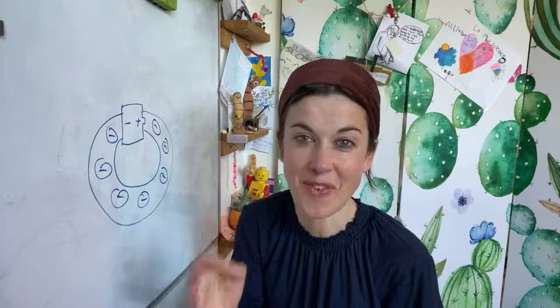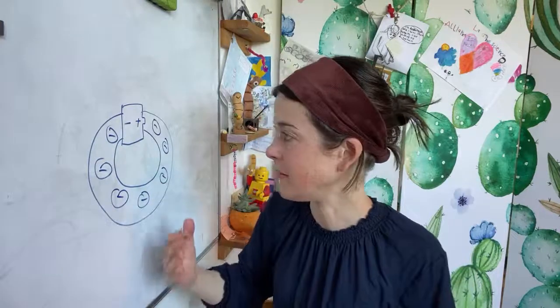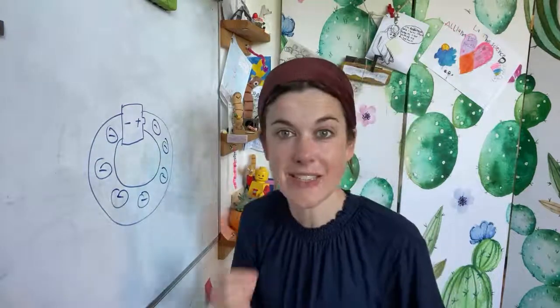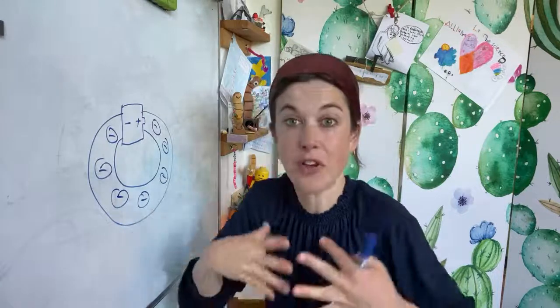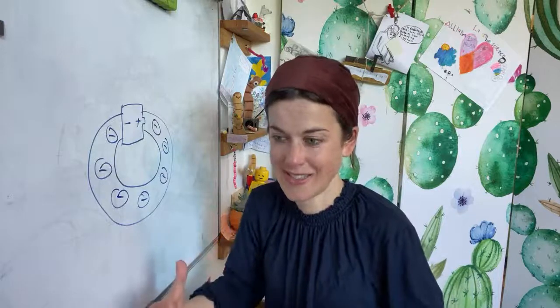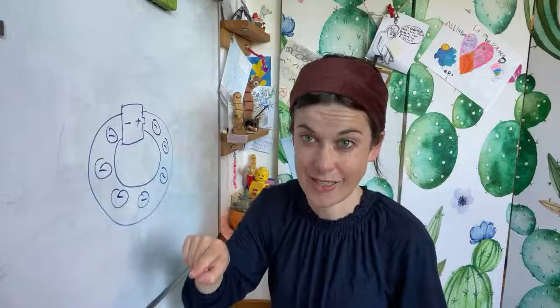But when they first discovered electricity and started using wires and things to let current flow through them, they didn't know that electrons existed. They didn't know what was happening. And the convention became to say that electricity flows from positive to negative.